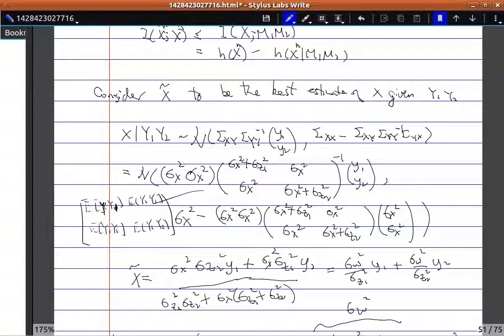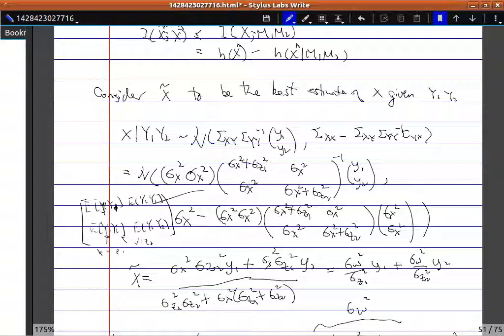And because y1 is basically equal to x plus c1, and x and c1 are independent, the variance of y1, that is sigma y1 squared, is just equal to sigma x squared plus sigma c1 squared. And for the expectation of y1 y2, this is basically x plus c1 times x plus c2, and c1 is independent of x and c2, so only the expectation of x times x is left behind.